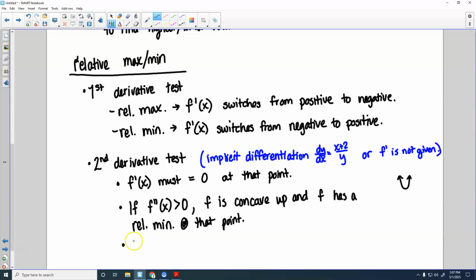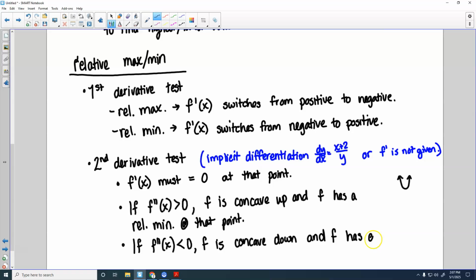And if f double prime of x is less than 0, so you have a negative second derivative, f is concave down, and f has a relative maximum at that point, because if something is concave down, it's going to have a maximum point.